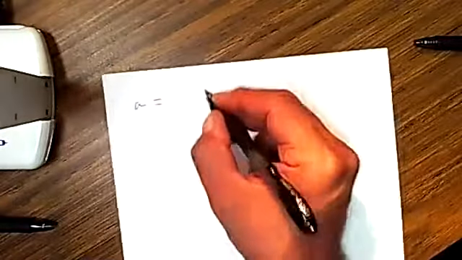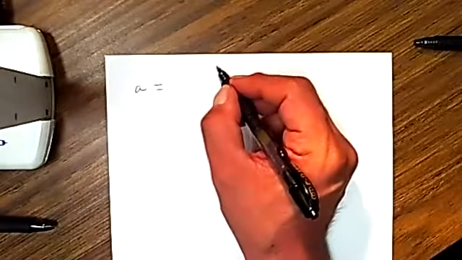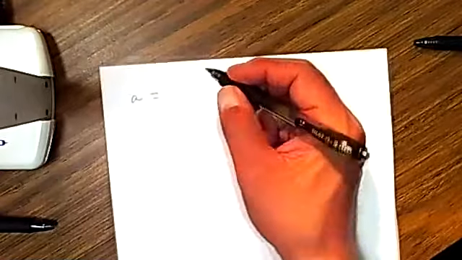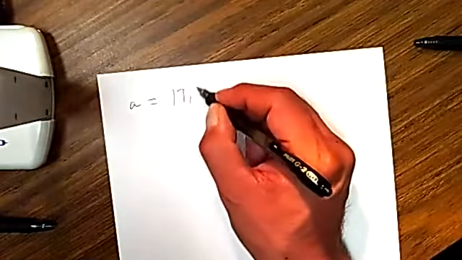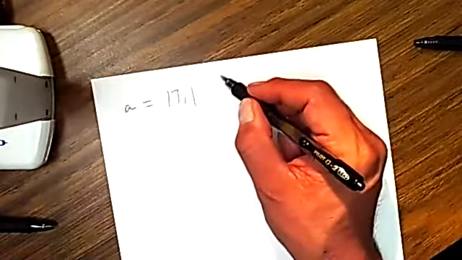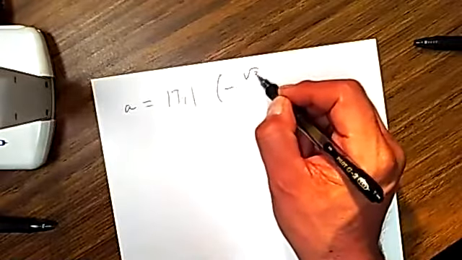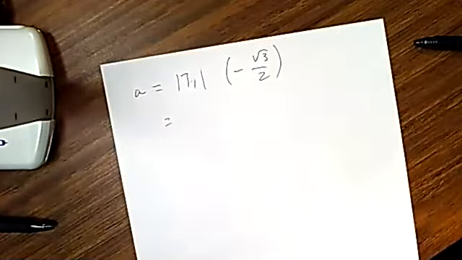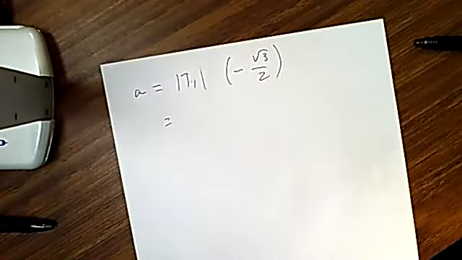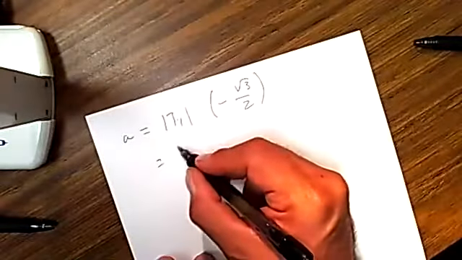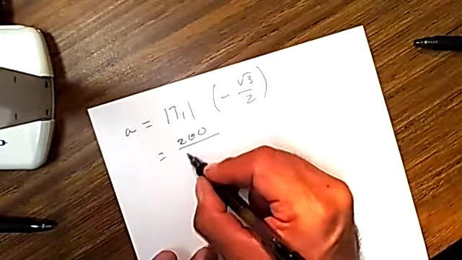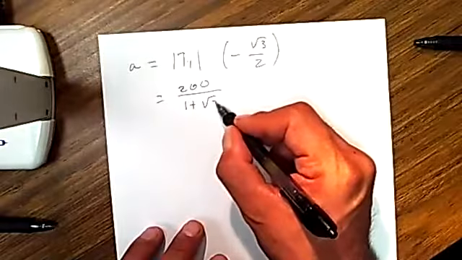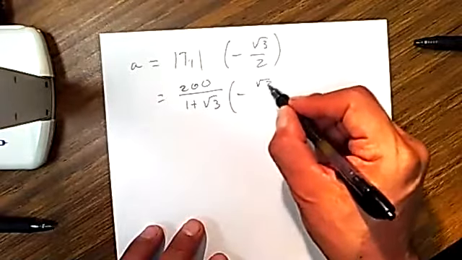So A is equal to the magnitude of T1, I'm copying this from the previous computations, times negative square root of 3 over 2. But we just found the magnitude of T1 to be 200 over 1 plus the square root of 3. 200 times 1 plus the square root of 3 times negative square root of 3 over 2.